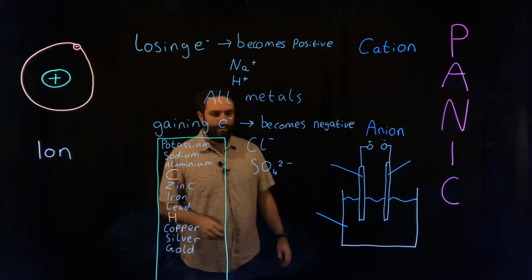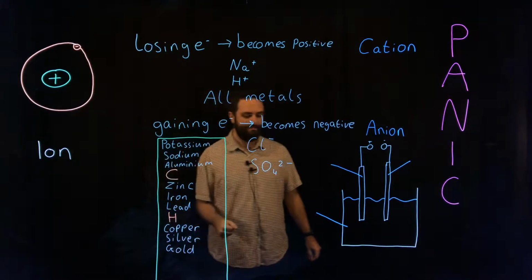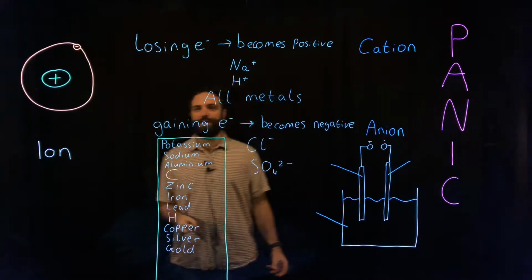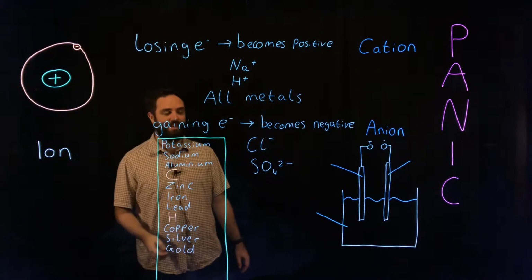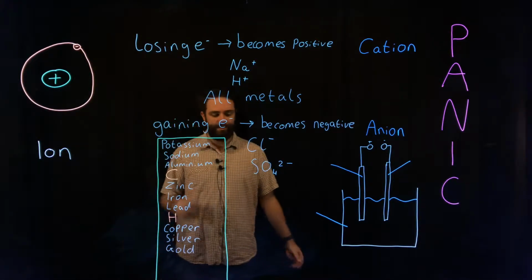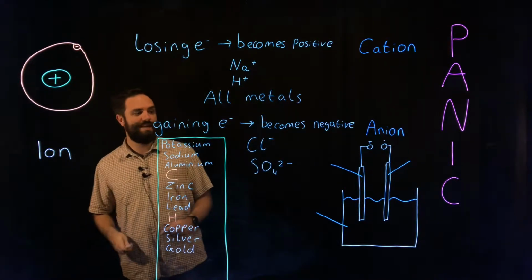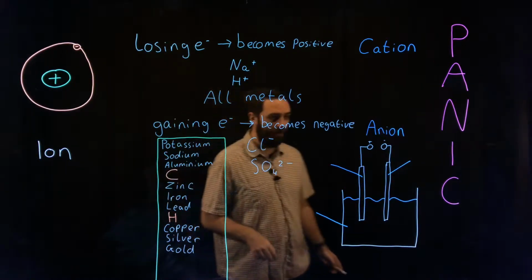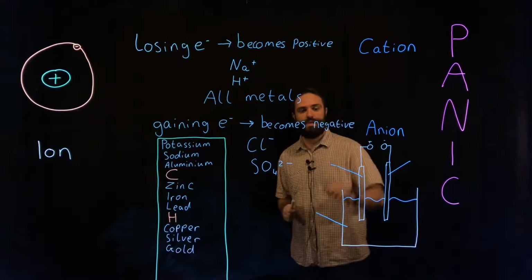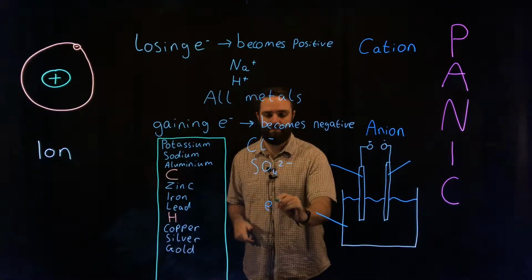Now, because we have an ionic substance, we can split it apart using electricity, and that is called electrolysis. In order to perform electrolysis, you need an electrolysis cell, which consists of 2 electrodes and an electrolyte.